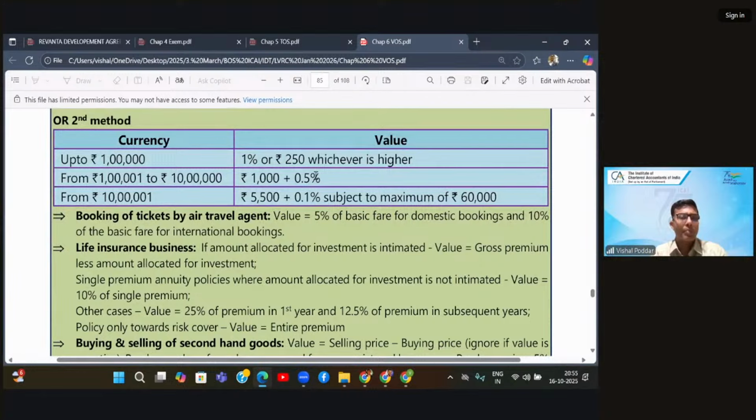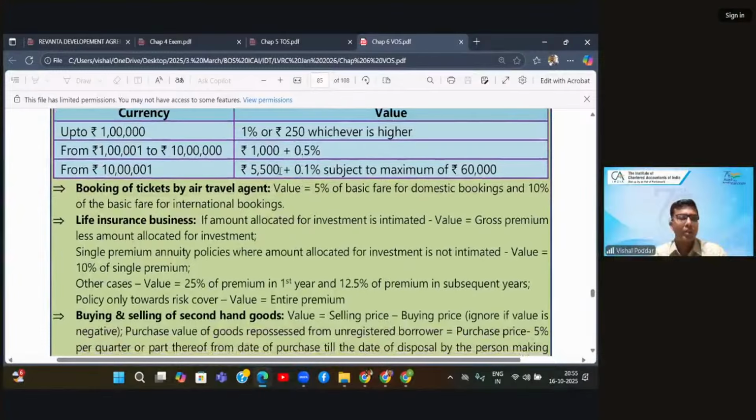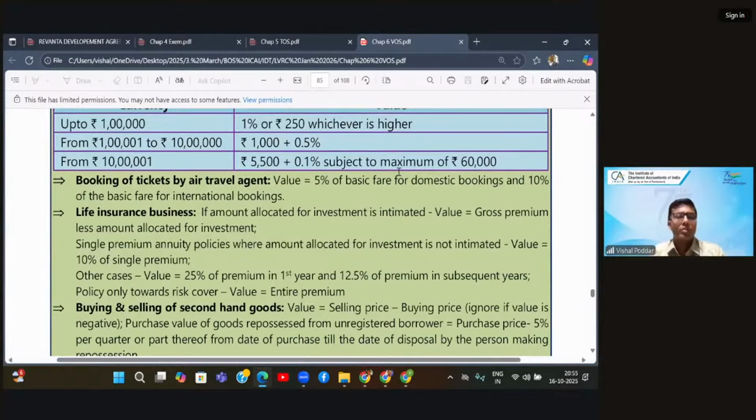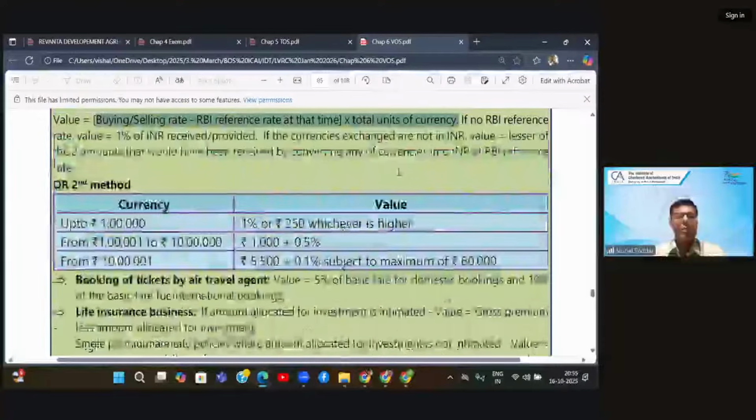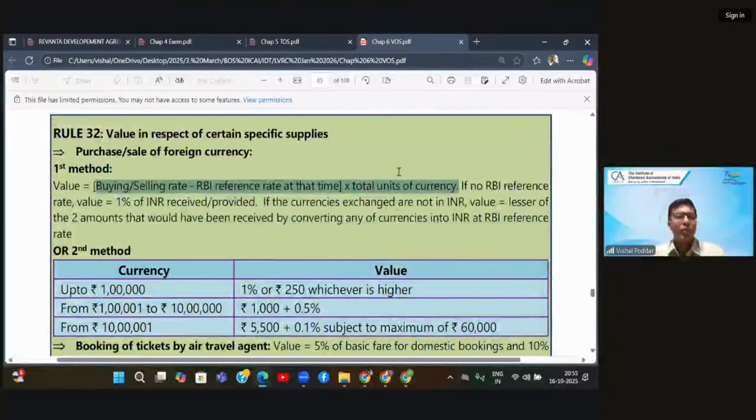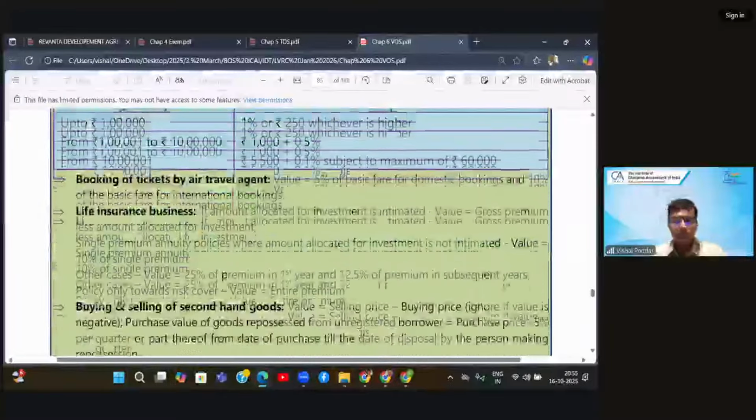So up to 10 lakhs, 1000 is fixed for the first 1 lakh, and for the remaining 9 lakhs at 0.5%, it is 4500. So total is 5500. This 5500 is fixed, plus on the value above 10 lakhs, you take 0.1%, and the total maximum is 60,000. So this is the second method given for valuation. This is how you value purchase and sale of foreign currency service.